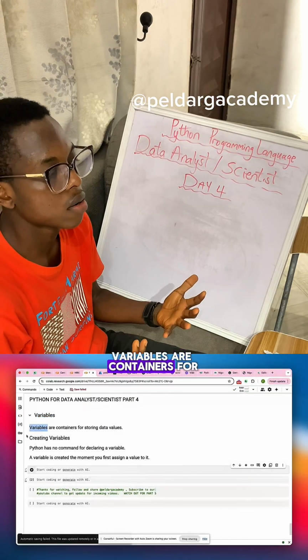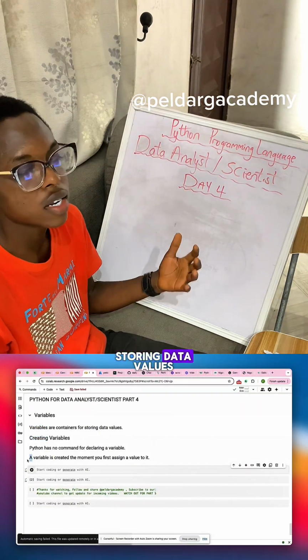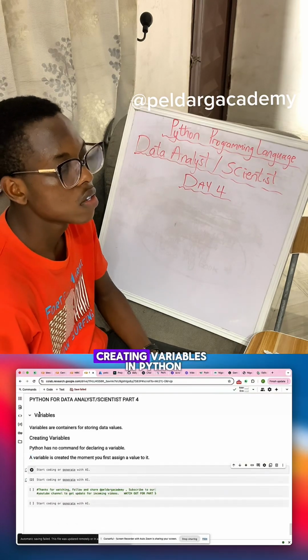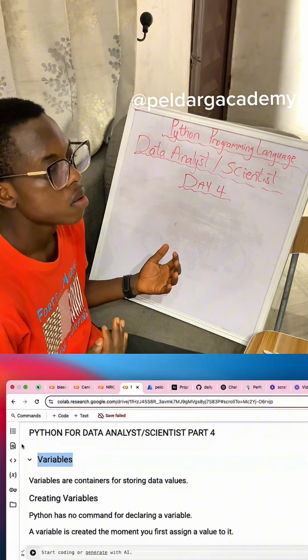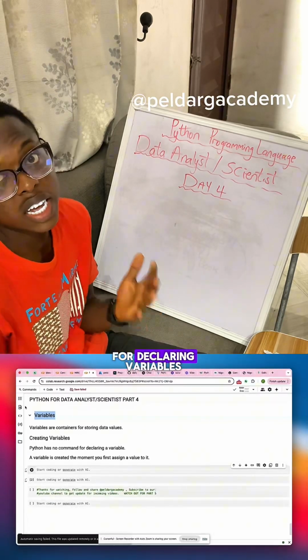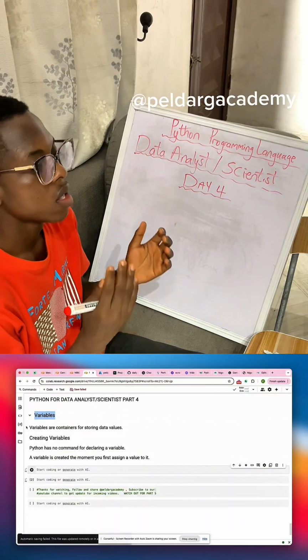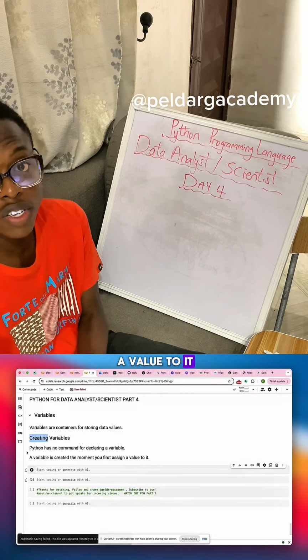Variables are containers for storing data values. Creating variables in Python: Python has no command for declaring variables. A variable is created the moment you assign a value to it.